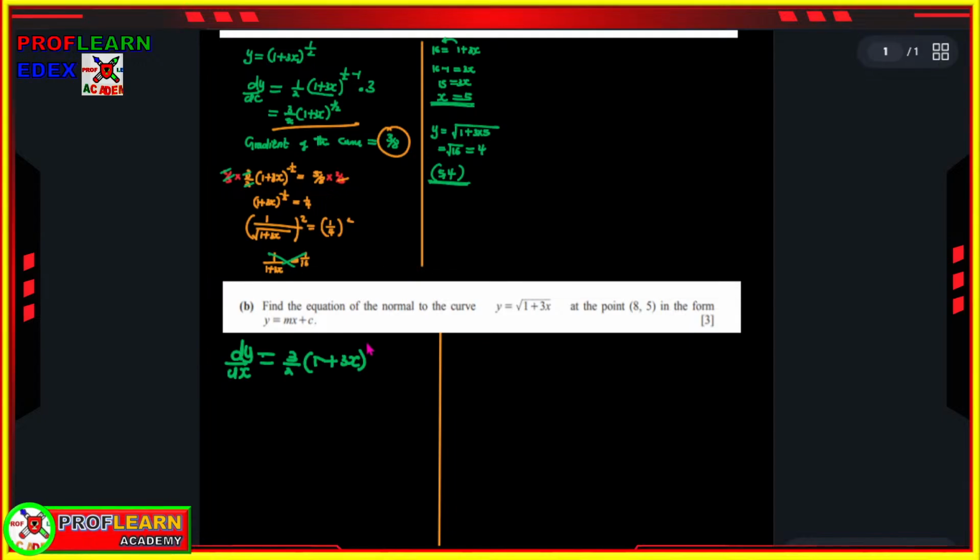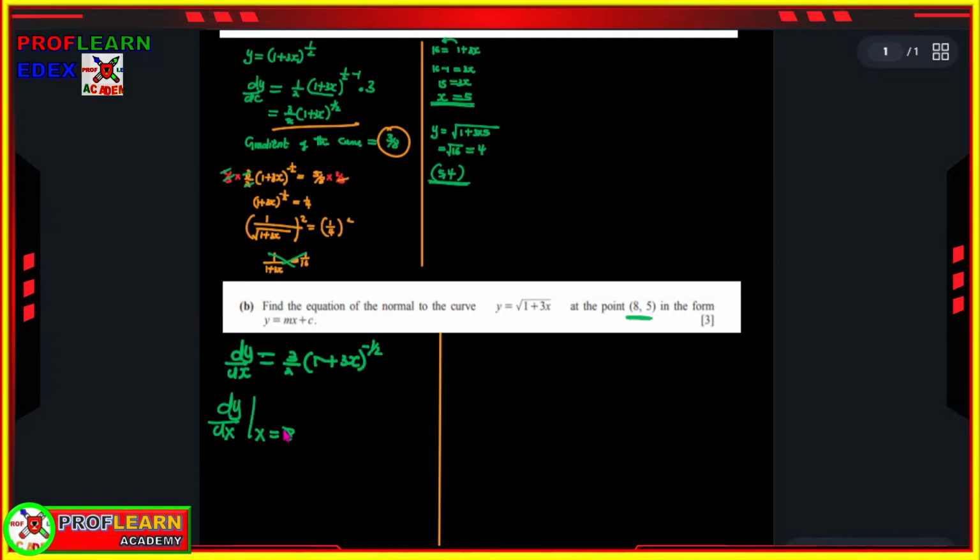So remember we are finding the equation of the normal to the curve at the point (8, 5). So at this point we are supposed to evaluate dy/dx at x equal to 8.